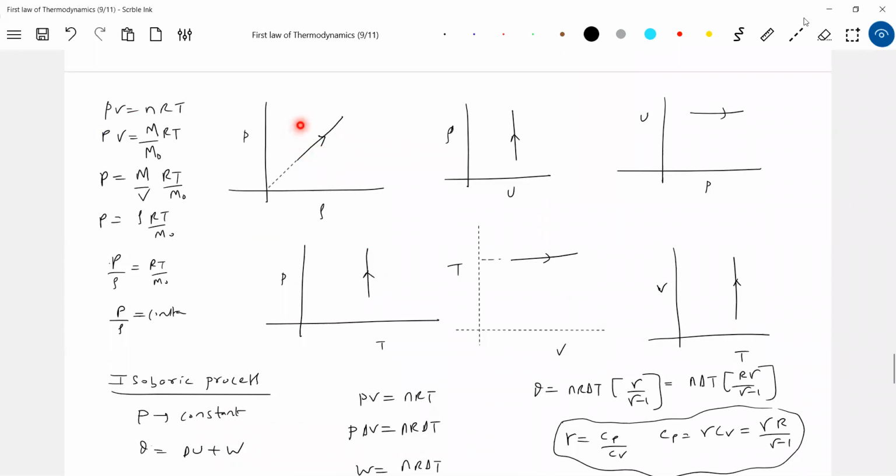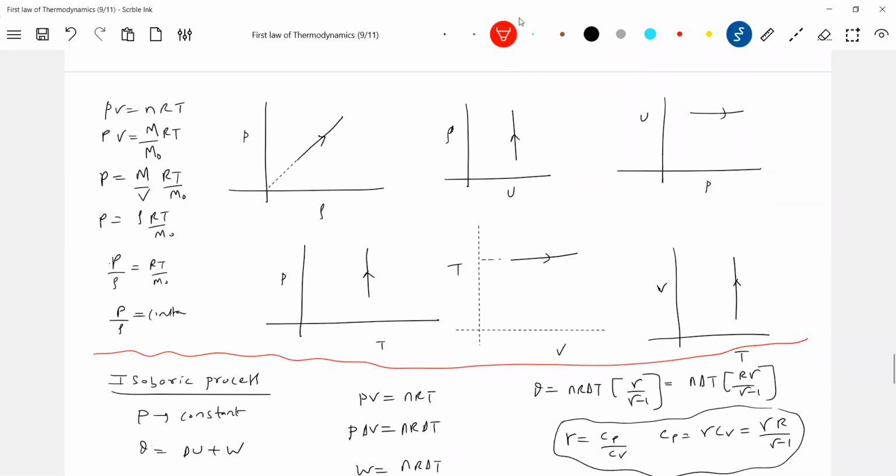You supply heat in such a way that the piston moves so that the temperature is constant.